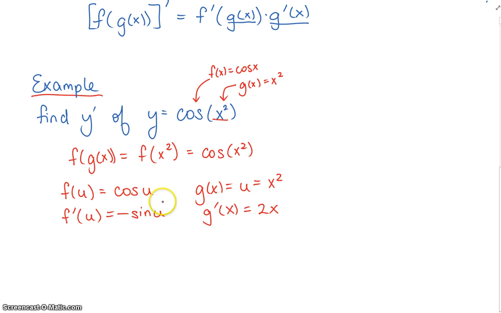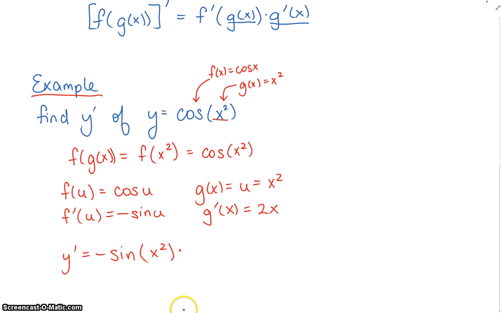If you don't wish to use the u, if you wish to use the x's, that is fine, as long as you know that you're plugging in the u wherever you see a g of x. So if we find the derivative of your function y, we find the derivative of cos of x, or cos of u, which is negative sine of u. Now u is still x squared.